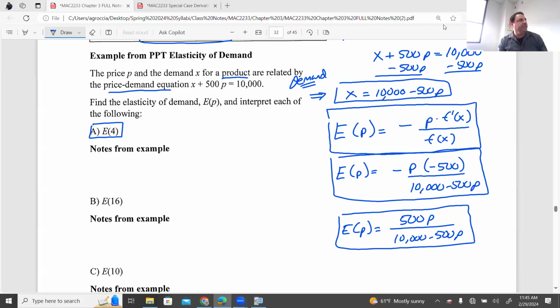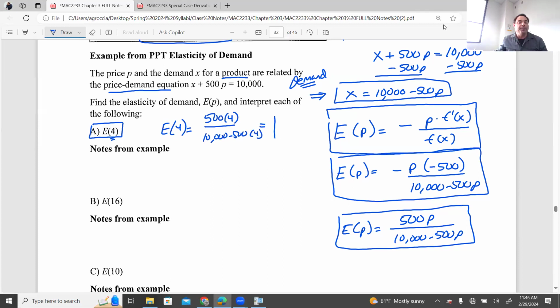Now, the question is, how much do I charge for this thing? I have no idea, right? I know my demand, but I don't know what price to charge. So your initial guess is to charge $4. So we're going to go into this equation and plug in 4. So I'm going to have 500 times 4 over 10,000 minus 500 times 4.